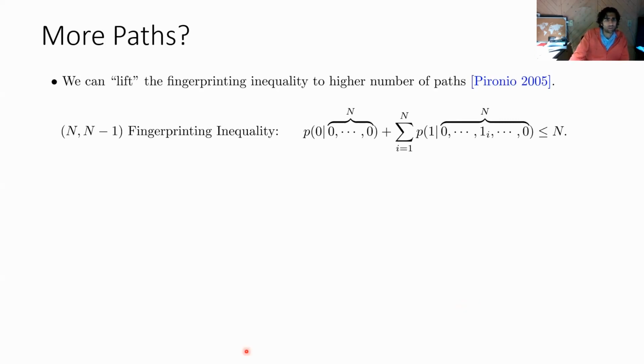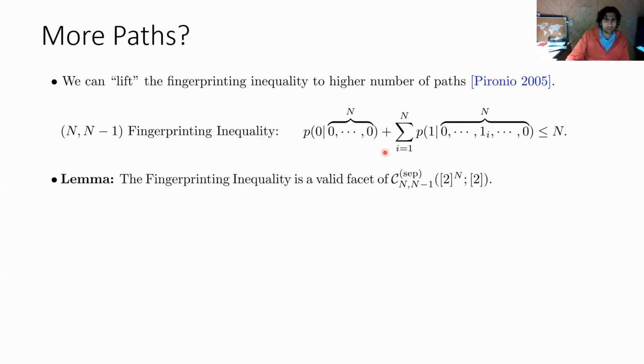And so here's the lifted version of that fingerprinting inequality. Our first result was actually proving that this indeed is a valid facet of this now n-party set of channels. So these are all binary input, binary output.